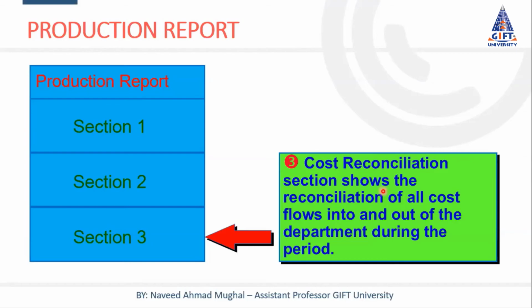All these calculations will be in the third section of our production report, called cost reconciliation summary.